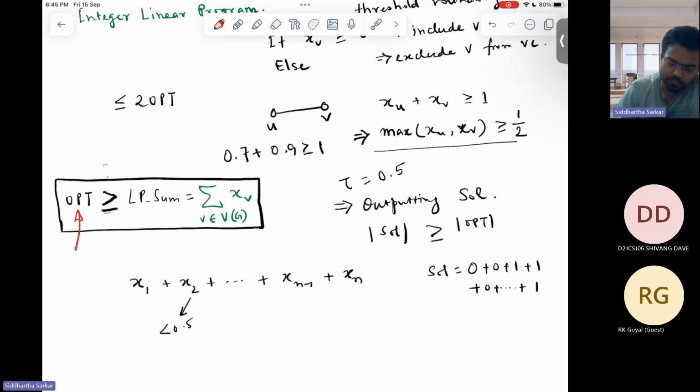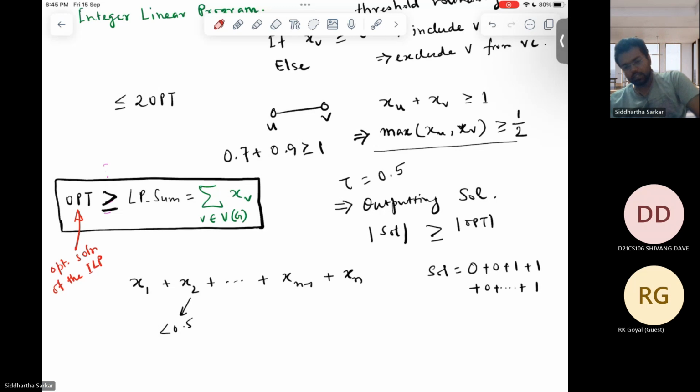OPT is the optimal solution of the ILP, and you are saying that the optimal solution of the ILP is not the minimum vertex cover size. Yes, because if OPT indeed is an optimal solution, how can this be greater than something? Optimal itself means that. Yes, now we can find something better than this.